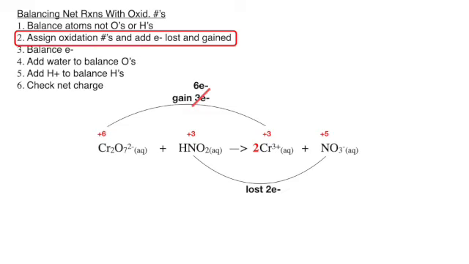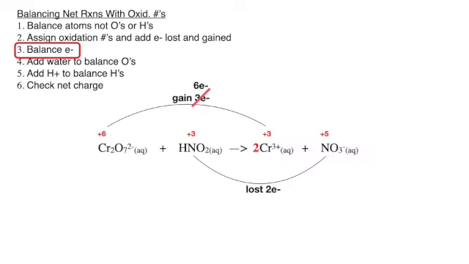Okay? Now, the next part is new. Because I'm dealing with both halves of the reaction, I've got one substance losing electrons, the other substance gaining electrons. My electrons have to be balanced. I use the tennis analogy.